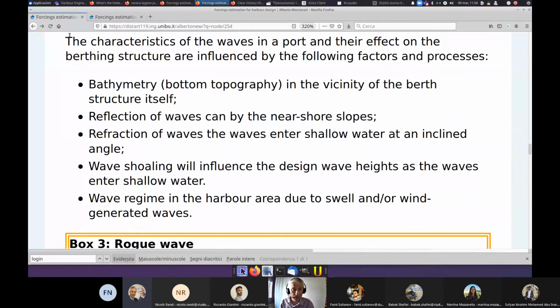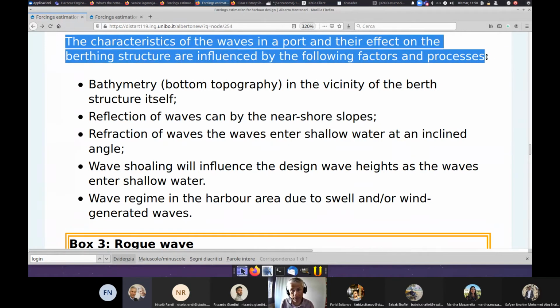Before moving forward, let me make some highlights on the behaviors of the harbors and ports that have any influence on the characteristic of waves.